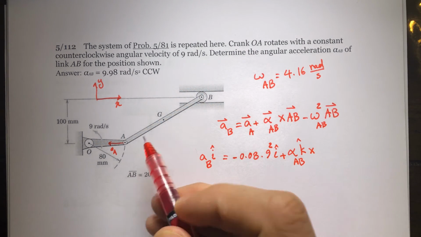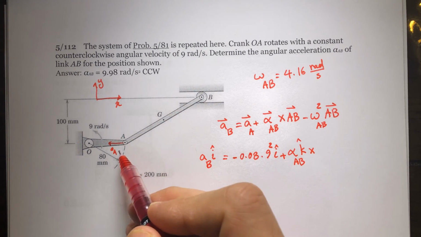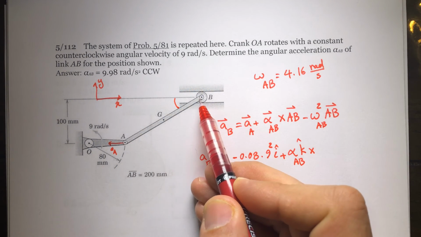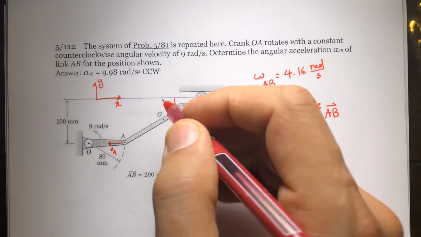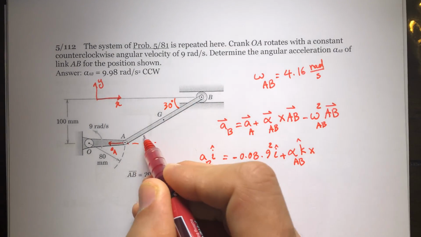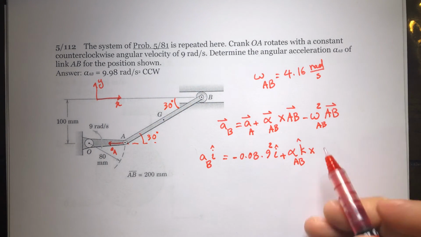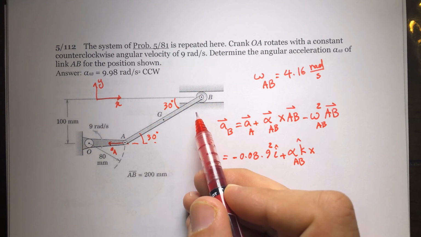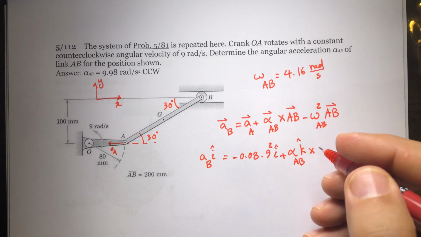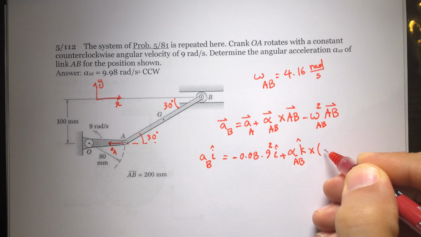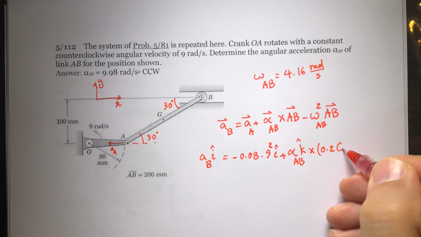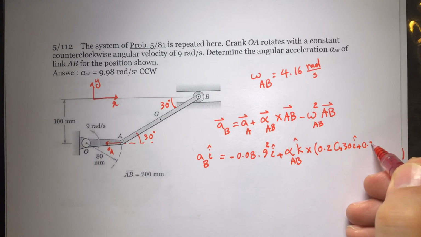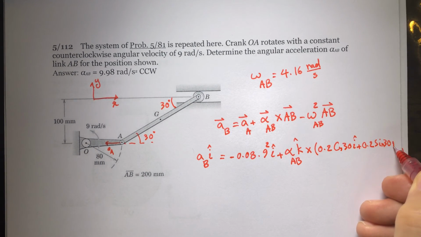this is 200 and this distance is 100. If we calculate this angle, sine of this angle is 100 divided by 200, 1/2. So this angle is 30 degrees. Same thing here. This angle is 30 degrees, right? So AB is going to be 200 times cosine of 30 in the i direction, 200 times sine of 30 in the j direction, in millimeters. So if I make it meters, it's going to be 0.2 cosine of 30 in the i direction plus 0.2 sine of 30 in the j direction.